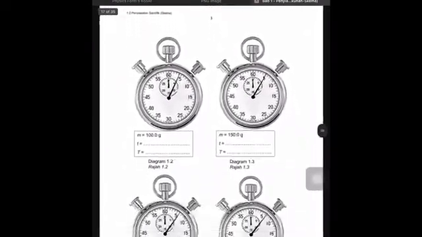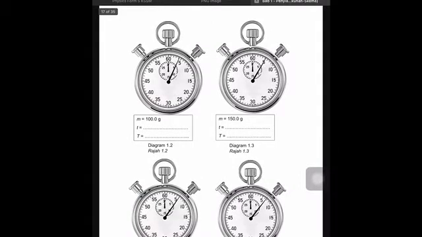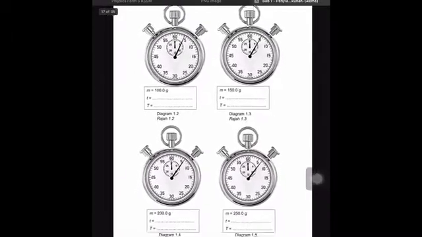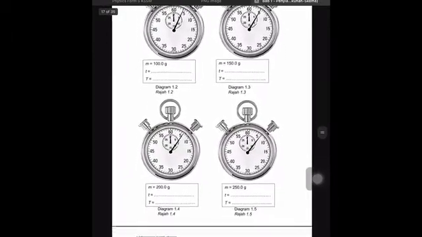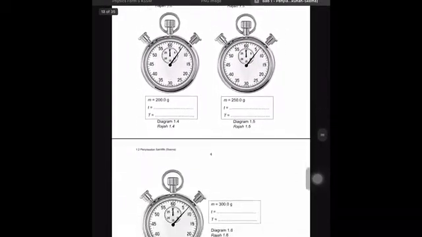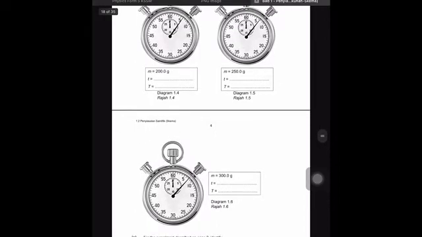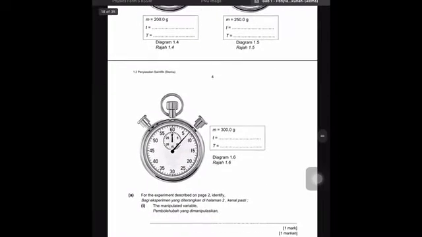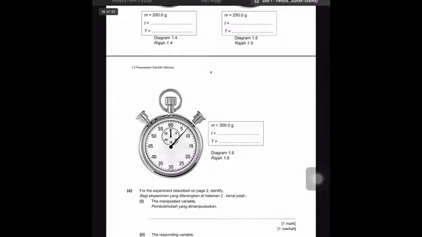Now we go to the next question. So you are only given information, but you don't know what the question is, right? We go to the next one first, because you haven't read the question. For the experiment described on page 2, identify the manipulated variable.